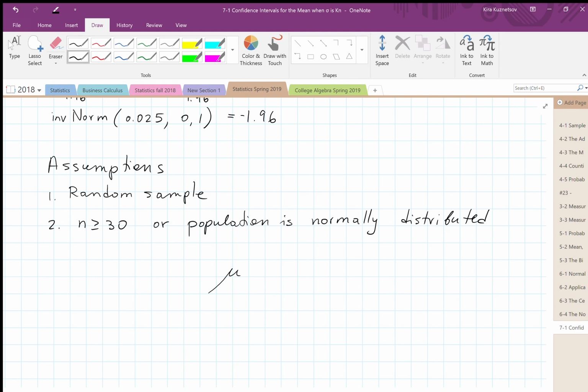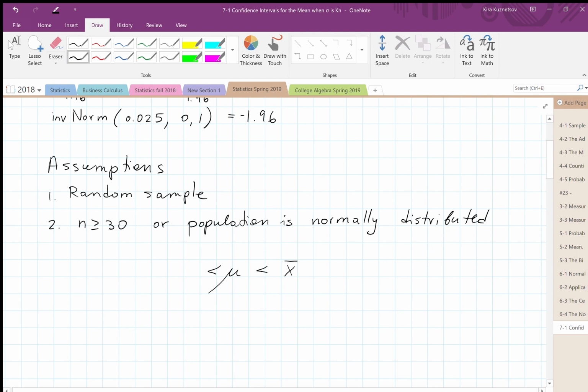So what we're trying to do is estimate a mu. The way we will estimate it is through the interval. Meaning the mu is greater than one value and less than the other value on the other side. So let's start with this one. The mu is going to be less than the x bar plus something.